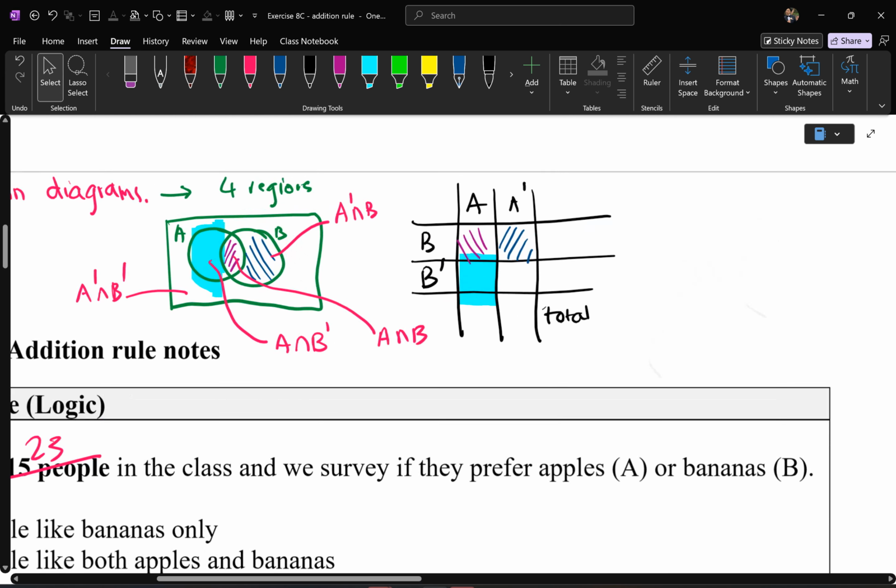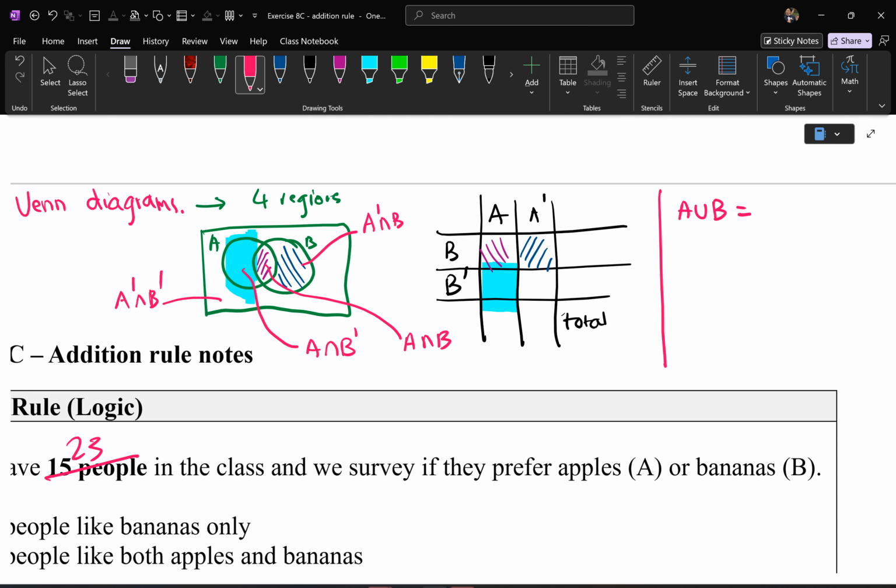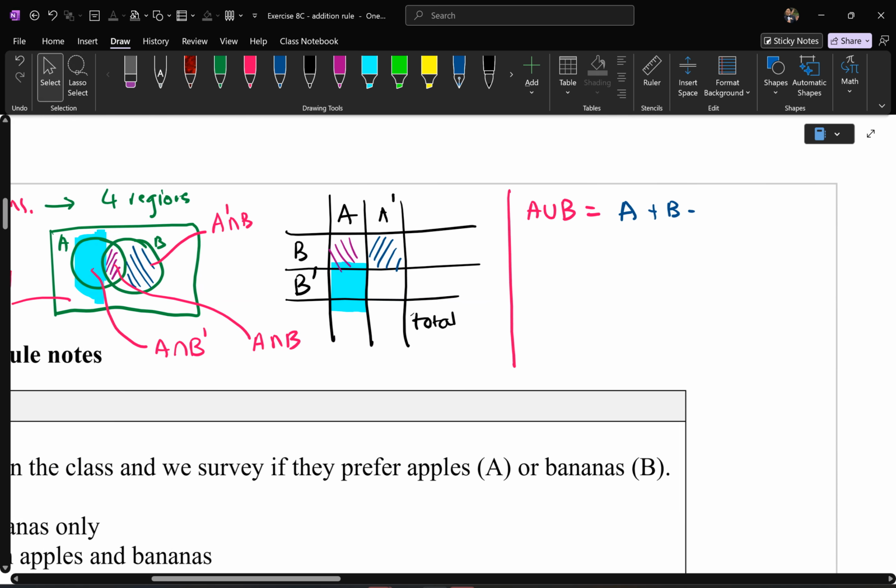Now, out of curiosity, hands up if you remember, what was the addition rule equal to again? So A union B means that you group A and you group B together, so all of this region, the blue, the purple, and that lined section. What was it equal to? Probability A plus probability B minus probability A intersection B. Beautiful.